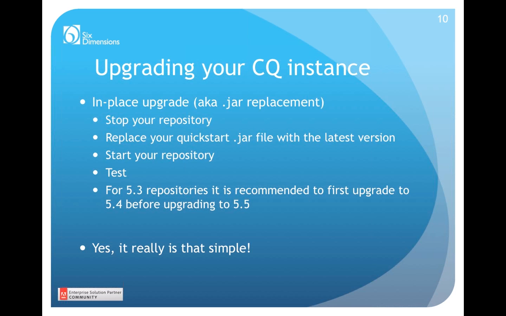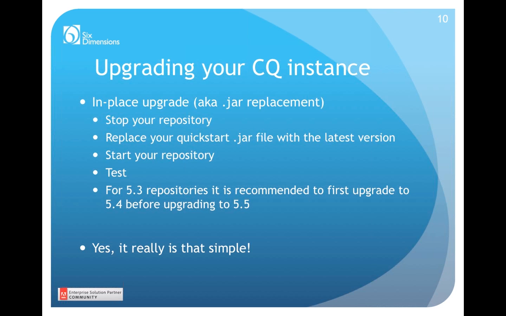So upgrading the CQ instance is the jar replacement strategy, or the in-place upgrade. You stop the repository, replace your quick start jar with the latest version, so the 5.5 general release version, and start the repository.